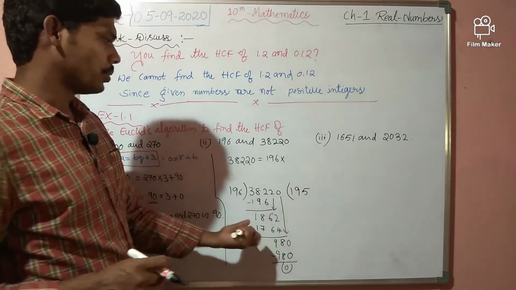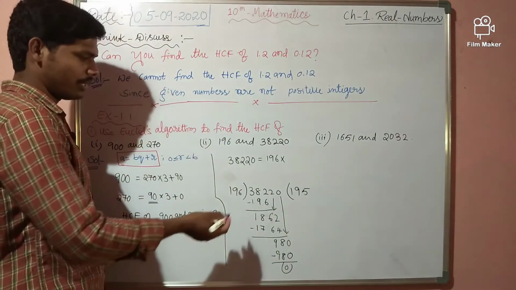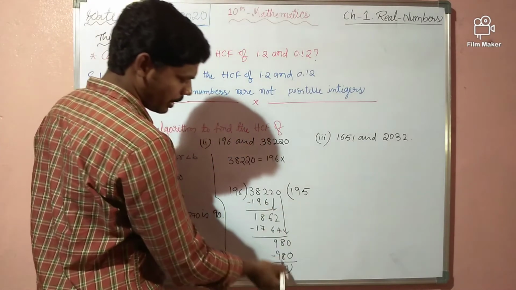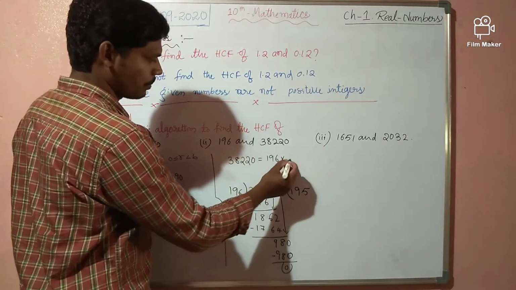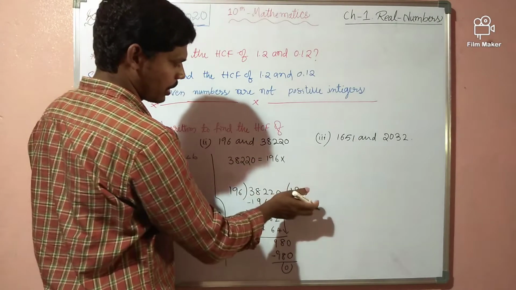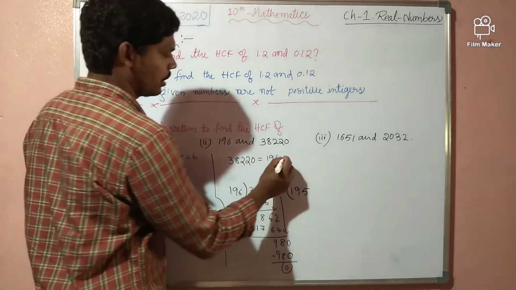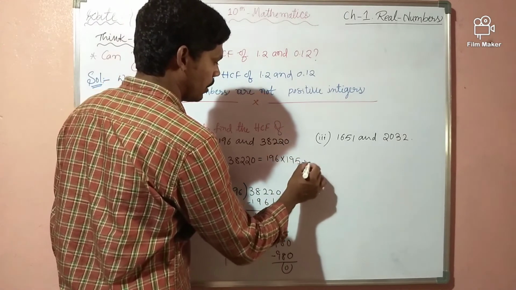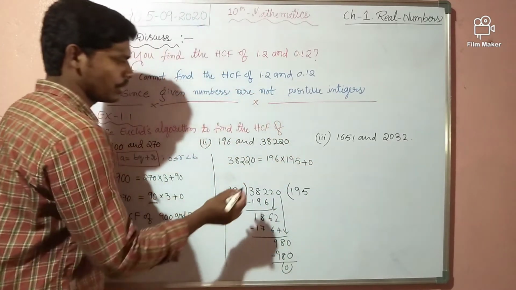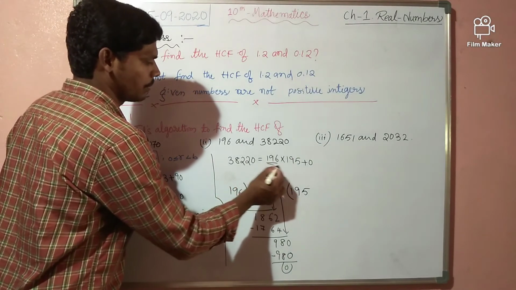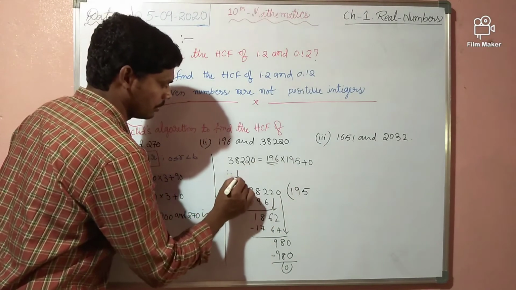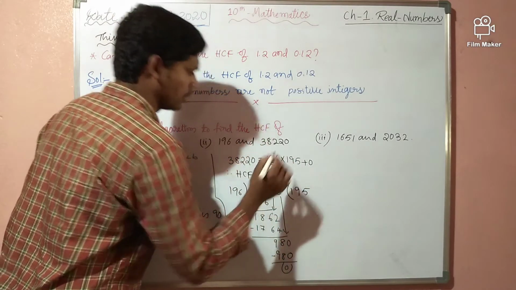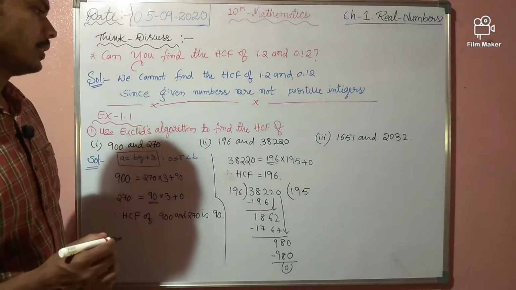So how many times does it go? You know the division very well. So 196 into 195 gives 38,220, so directly you can write 195, and the remainder you are getting is 0. So what might be the HCF? The HCF becomes 196.